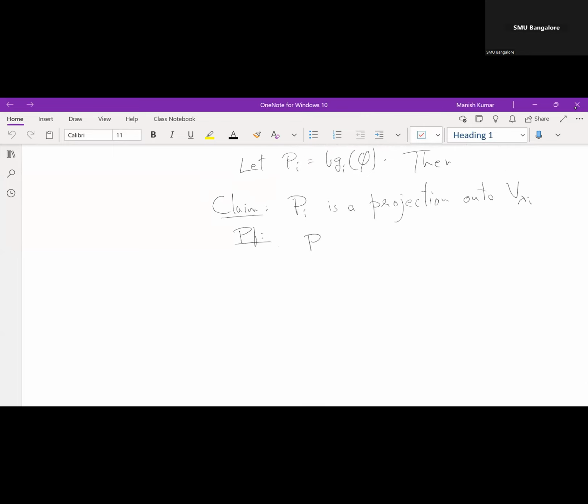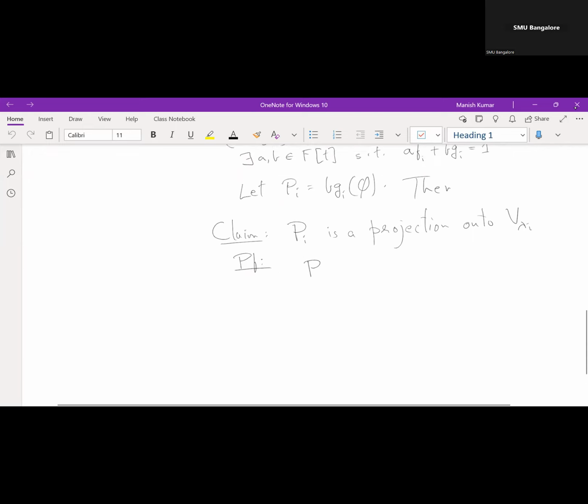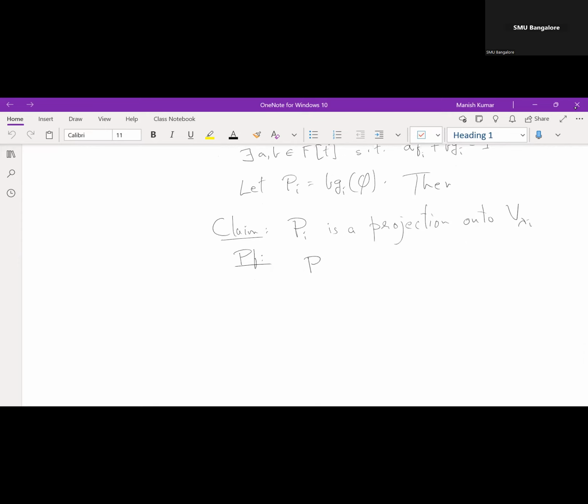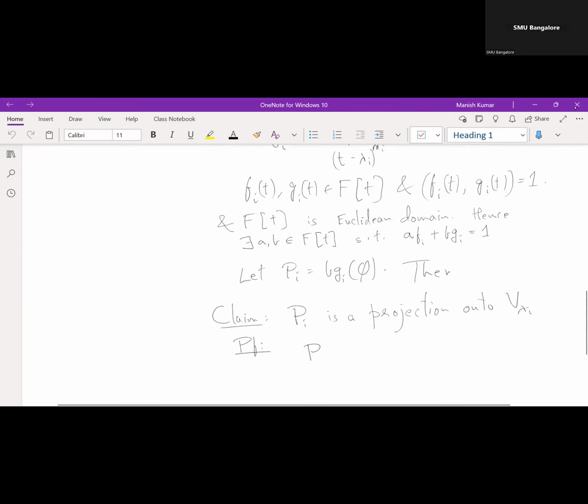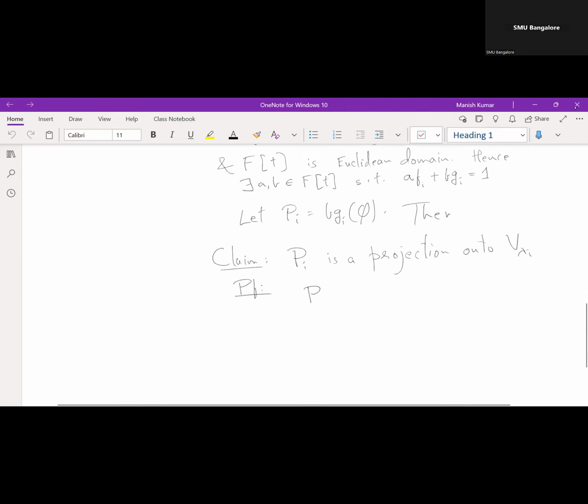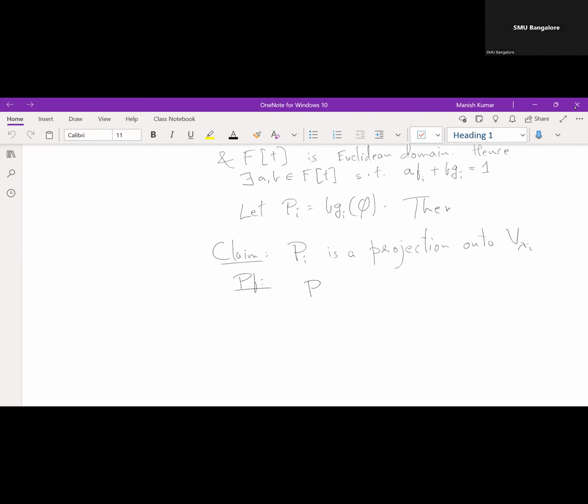Okay, so let's see why pi is a projection operator, and then it will become slightly easier for me. Gi basically kills everything other than that. So we'll have to check pi square is the same as pi, and the image of pi is in V lambda i.